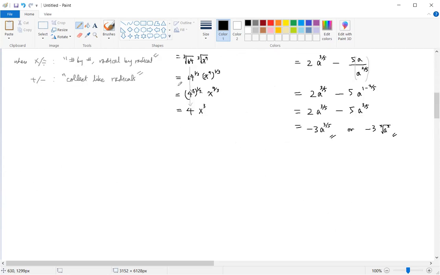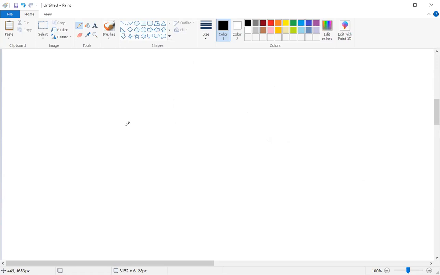Okay, next is about expand and simplify. Usually, sometimes when we want to simplify, we want to expand and simplify, but sometimes we want to factor and simplify. So about example 3, I want to remind you this. Let's say that we have 3 times (a plus b).